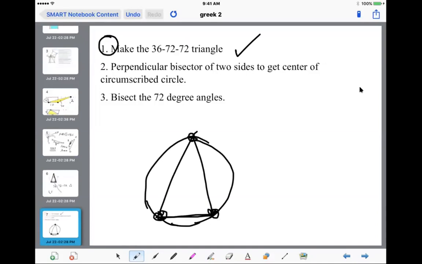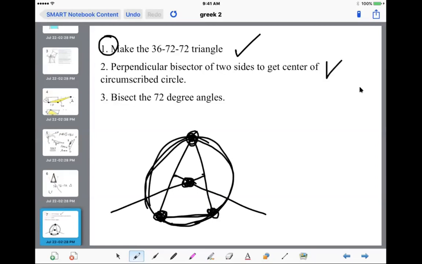And you could find the center of that circle by taking the perpendicular bisector of any two sides. And wherever they come together, that would tell you the center of the circle. And then you could just open the radius to any vertex, and the circle will definitely pass through the other two vertices.